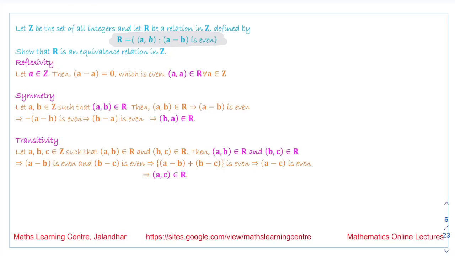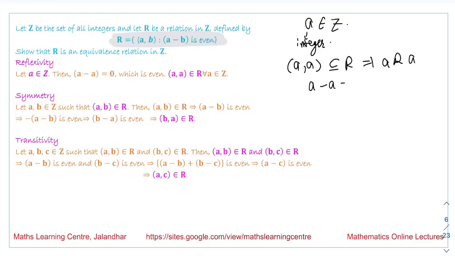We have chosen an element a from Z, which means a is an integer. We have to check whether (a, a) belongs to R or not. It means whether a is related to a, and how we check this is, we calculate a - a = 0, which is even.